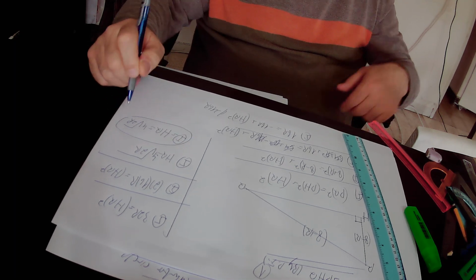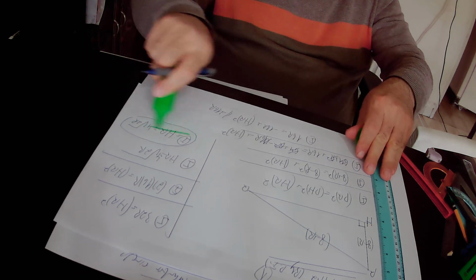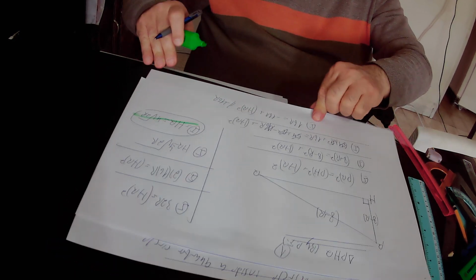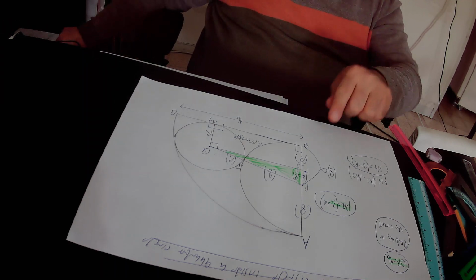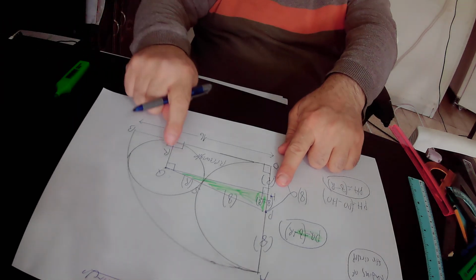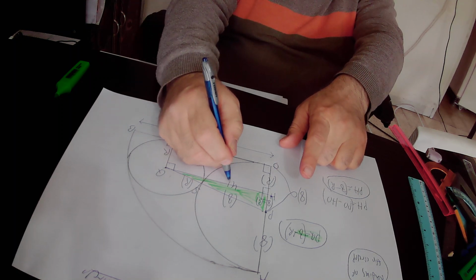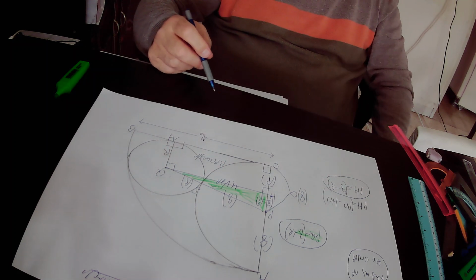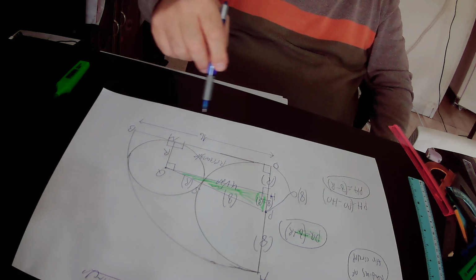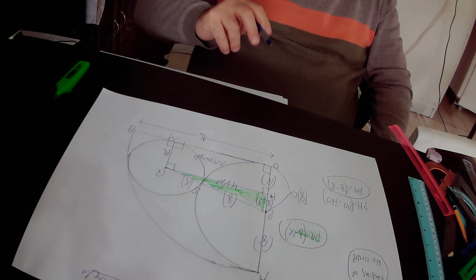So I write it down. We found out that the length of this side HQ is equal to 4 times the square root of 2R. But we have already found out that AGQMO is a rectangle, and we also know that the opposite sides of a rectangle are equal to each other.